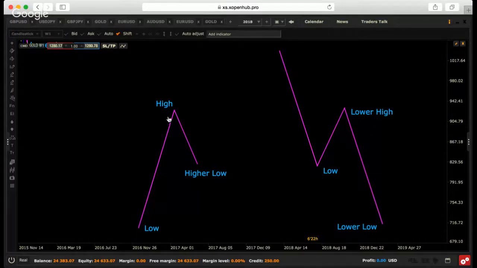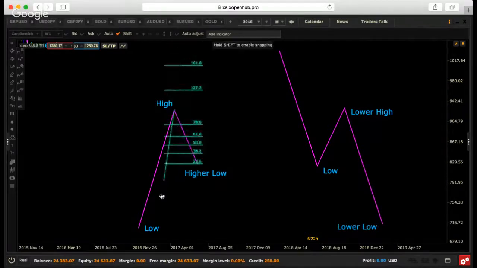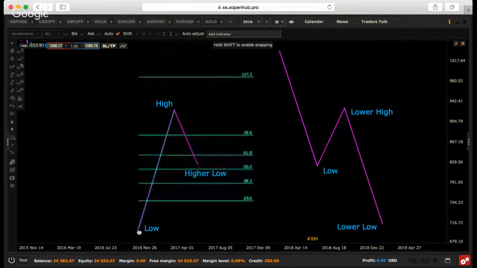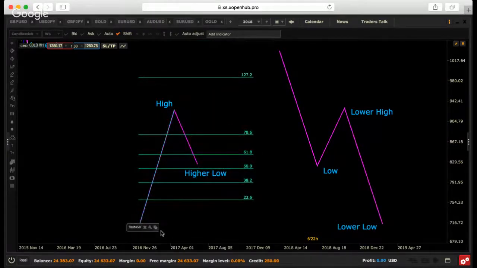And then what we watch for is a hook. Once we get the hook, okay, we are going to take our fib from wick to wick, okay? So not body to body, but wick to wick, from that hook, and we do this. We go just like this, straight down to the next wick, wherever that wick is, okay? And we measure that move, all right?